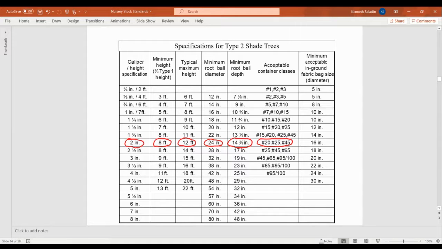If the tree is going to be grown in an in-ground fabric bag, and this is another production style that is used at some nurseries across the United States, this is telling us that the minimum diameter for that in-ground fabric bag is 16 inches. So there's all sorts of information that you can get by looking at the standards for nursery stock.